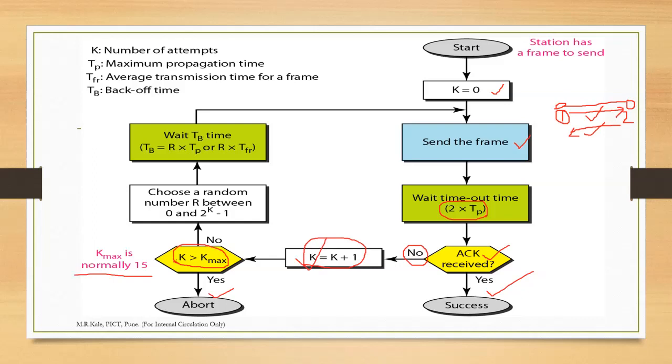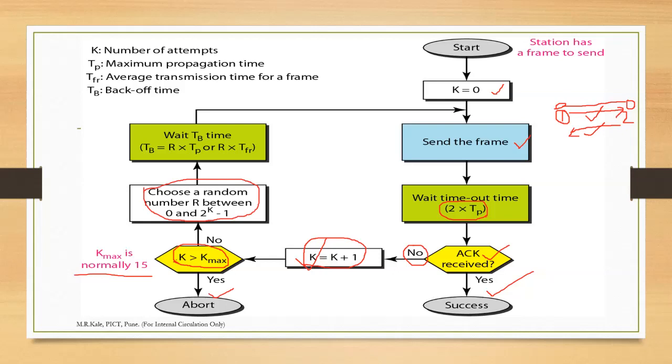If yes, then the transmission is aborted. The frame will not be sent again. If the maximum value is not yet reached, we still have retransmissions left, then we choose a random number R between 0 and 2 raised to K minus 1. The significance of this 2 raised to K minus 1 will be explained later on.